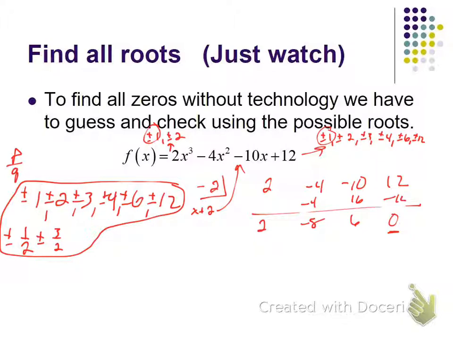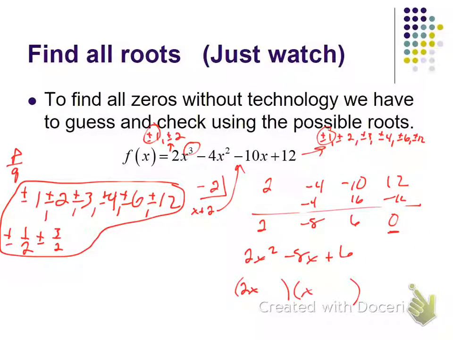Now that we have this factor down, we're going to drop a degree. So these are going to be our coefficients on a quadratic. And at this point, we could factor this guy down. We'll get that in a second. So 2x and x.